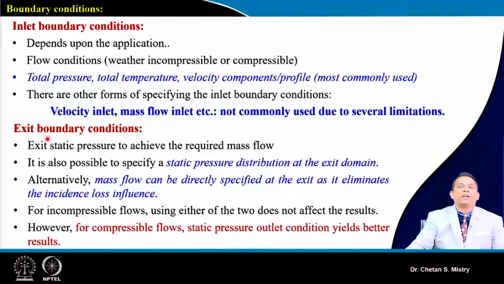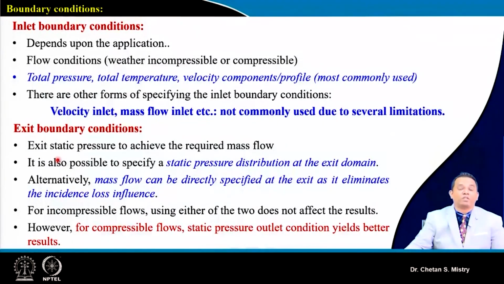Now when we say we have given the inlet condition, at the same time we need to say what we are looking for at the outlet. That is called the exit boundary condition. For this exit boundary condition, people prefer to go with a static pressure outlet in order to achieve the required mass flow rate.